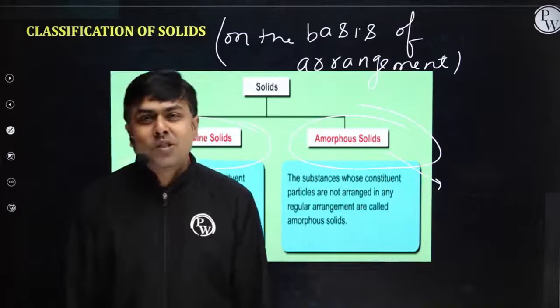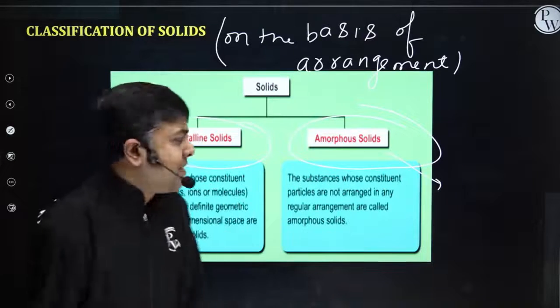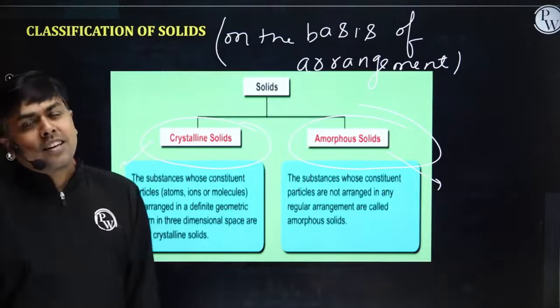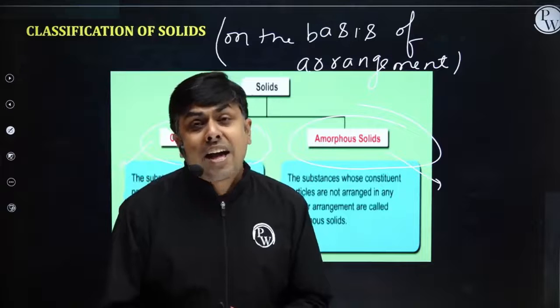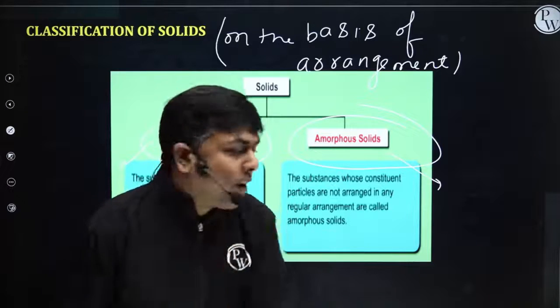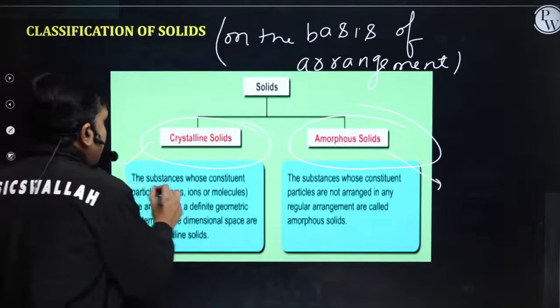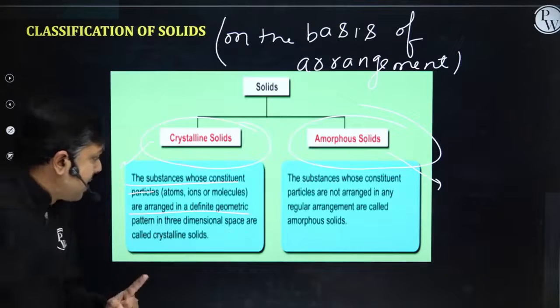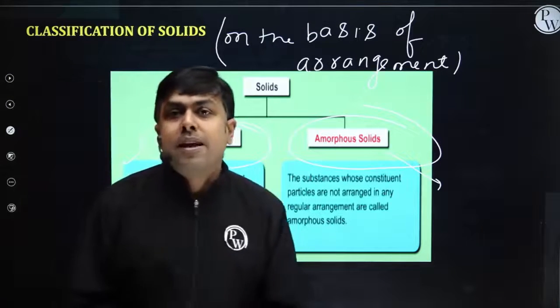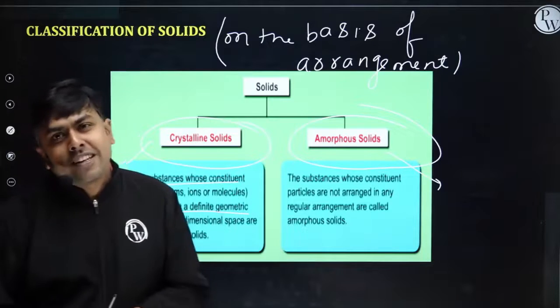Can you define these two types? Crystalline solids. If I talk about crystalline solids, here the constituent particles are arranged in a definite order, right? The substance whose constituent particles are arranged in a definite geometric pattern in a three-dimensional space is referred to as crystalline solids.